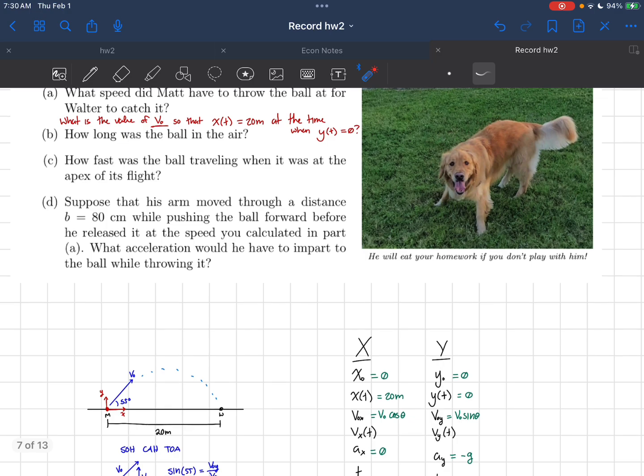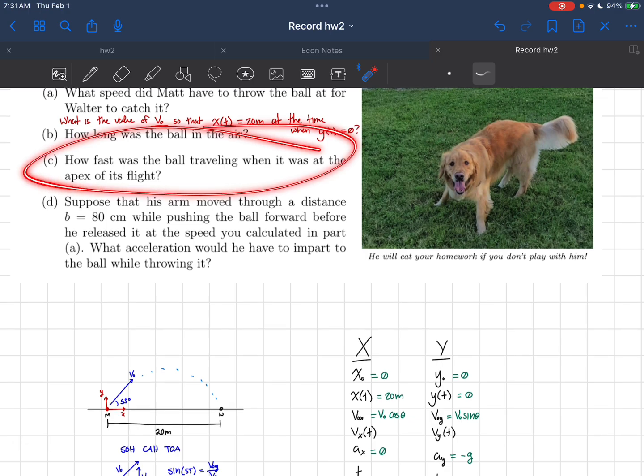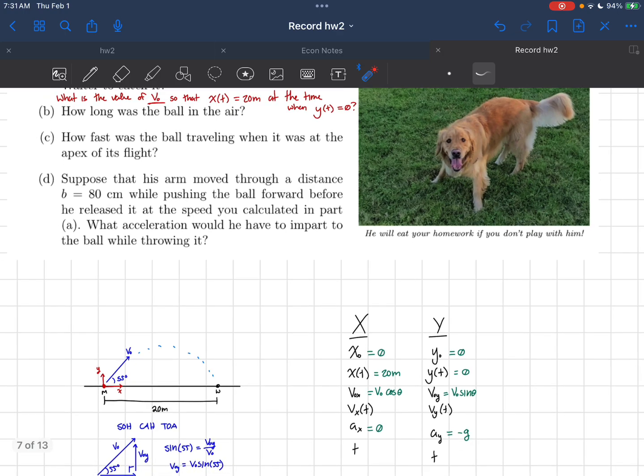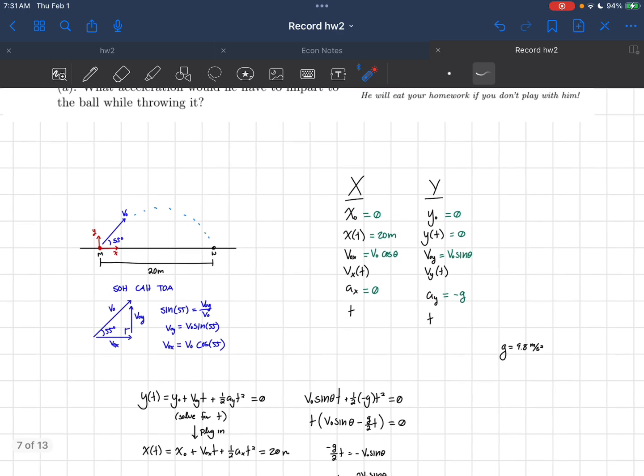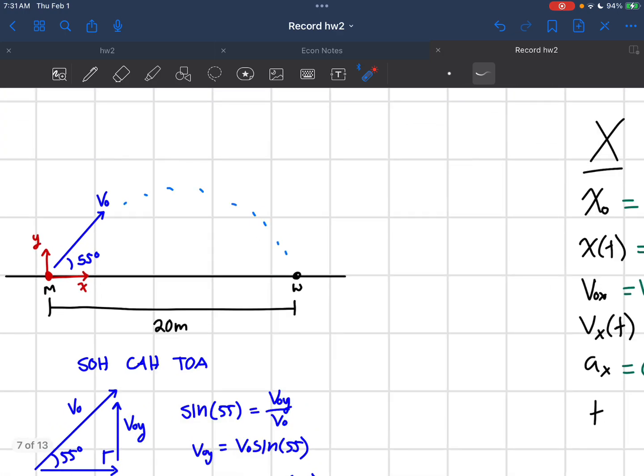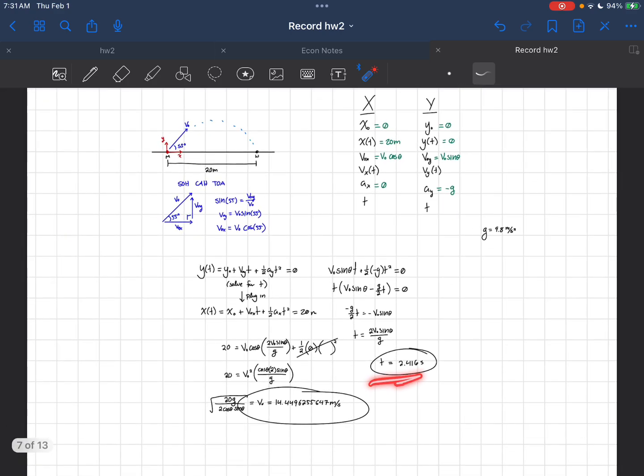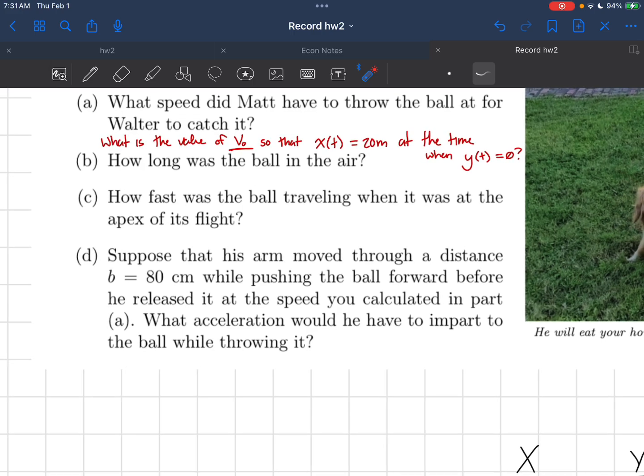So our next section: how fast was the ball traveling at the apex of its flight? That's an interesting question, because now my t is different. Remember, this was t when it landed. So now I have to figure out the value of velocity when it was at the apex of the flight.